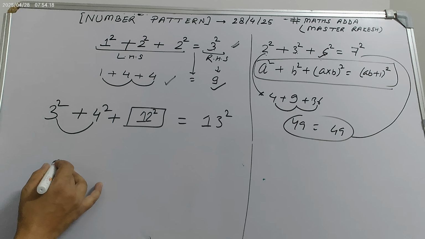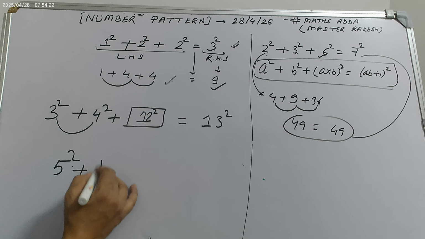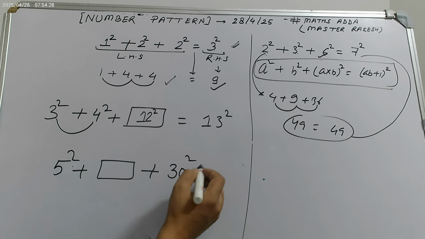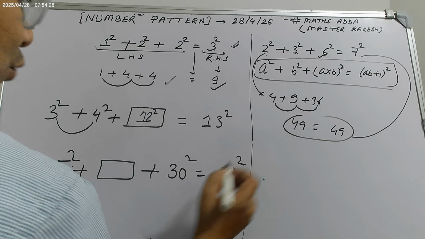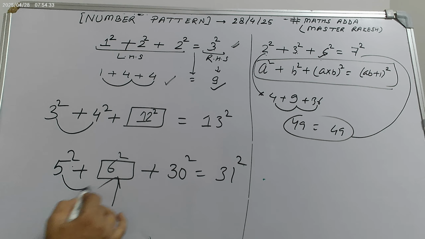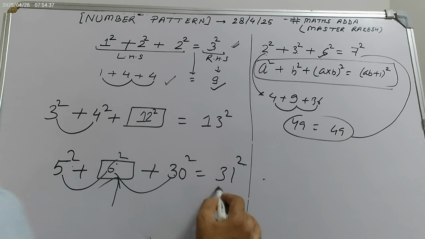Suppose I tell you 5 square plus something plus 30 square equals 31 square, what will come here? You will put 6 square, since 5 times 6 is 30. 5 square plus 6 square plus 30 square equals 31 square.